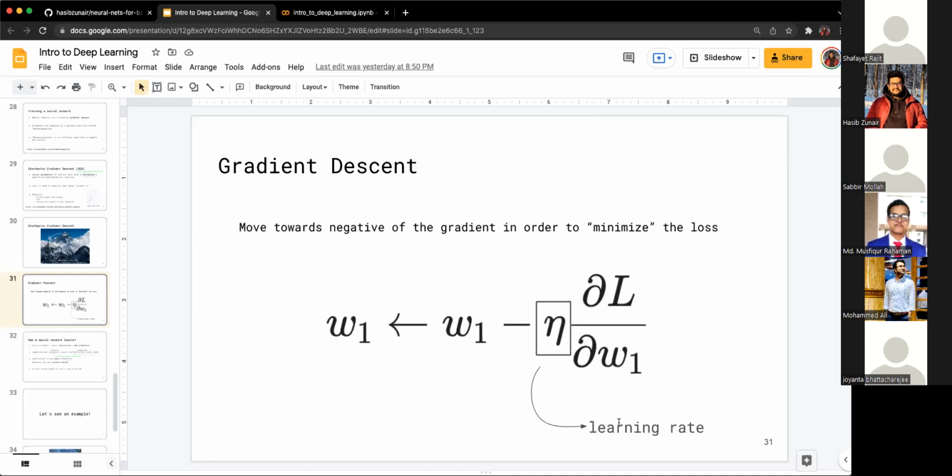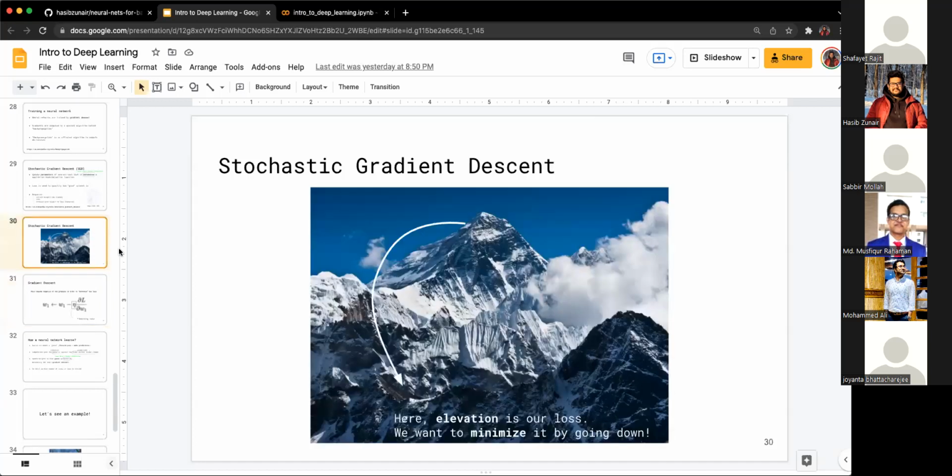In many cases, when you tune a network, if you keep this value at a large number, you would take a really big step, right? If you consider this analogy, if you set the learning rate too high, maybe you're going to take so big of a step that you end up on another mountain. So that's not going to work, right?